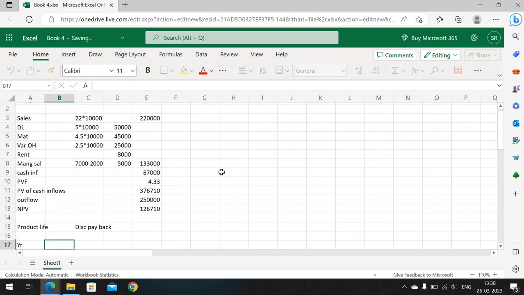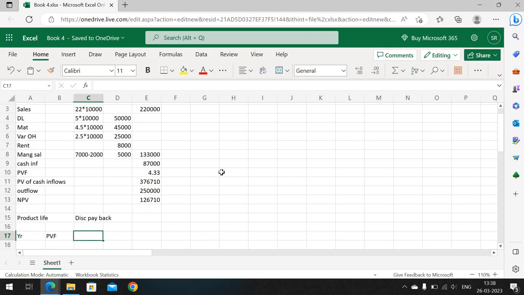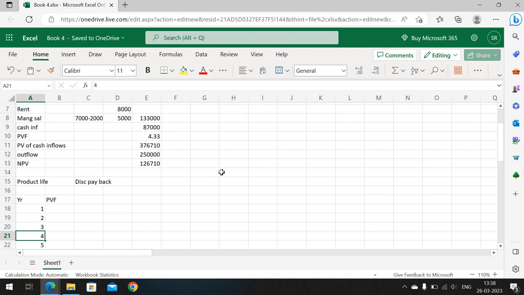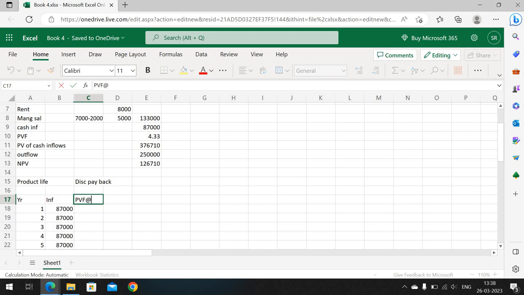For that, inflow is 87,000. At 5%, so 1 divided by 1.05.